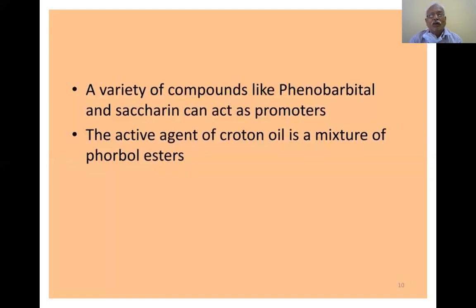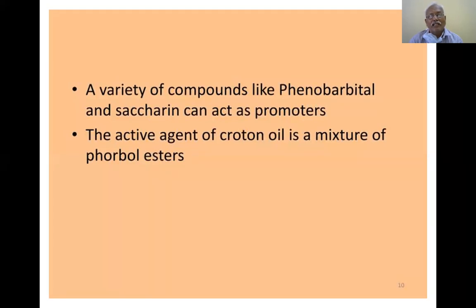Phenobarbital is an anticonvulsant drug. Whenever a patient is having convulsions or fits, we used to put him on phenobarbital, and phenobarbital can act as a promoter for some cancer-producing agents. So saccharin as a whole is avoided nowadays.